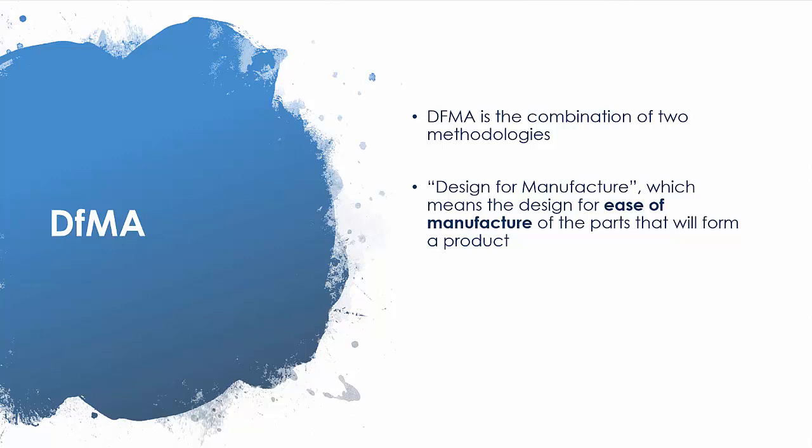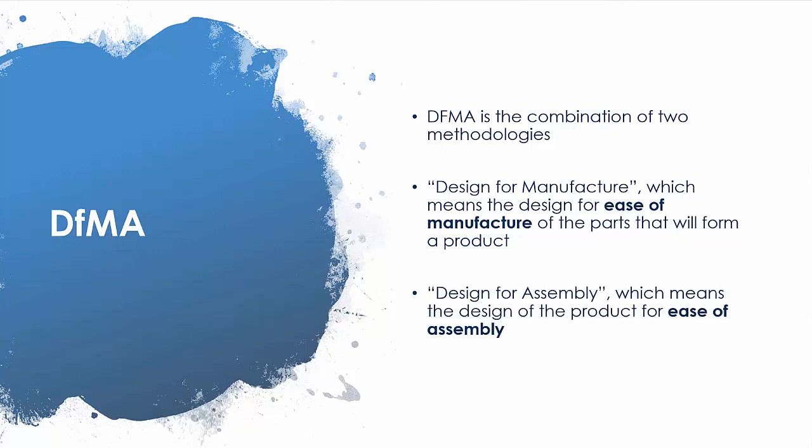So this means that there has to be a really close interconnectivity and collaboration between the manufacturers on the one hand and the designers on the other. Design for assembly is a similar concept, except in this case the designers are thinking of the ease of assembly of the final product. You've got the manufacture of the individual components and parts first, and then the actual assembly, or putting together, of the manufactured parts.